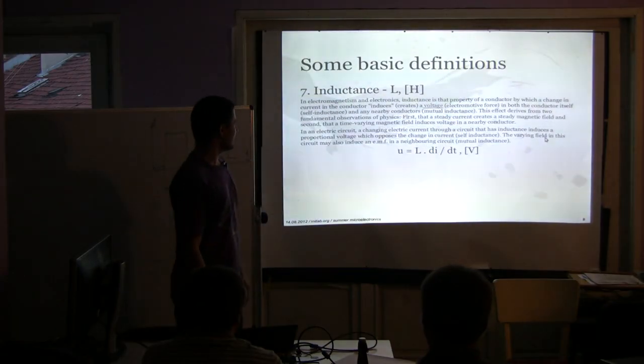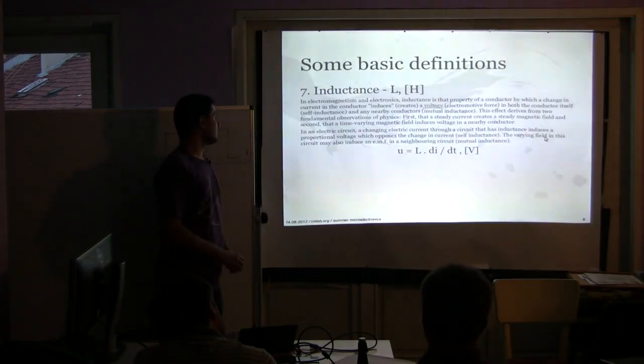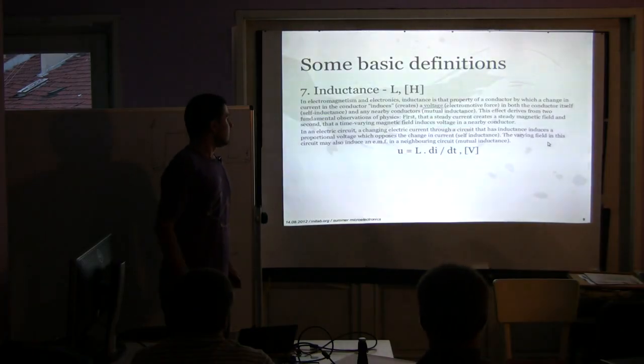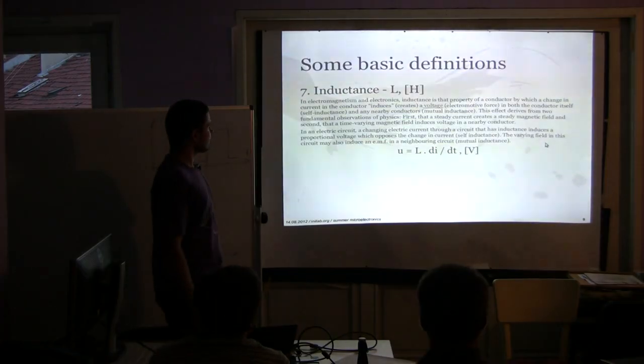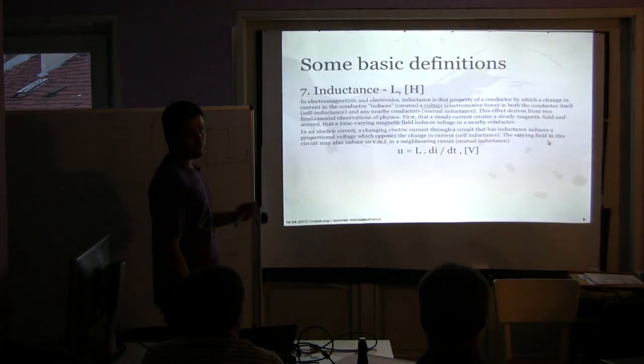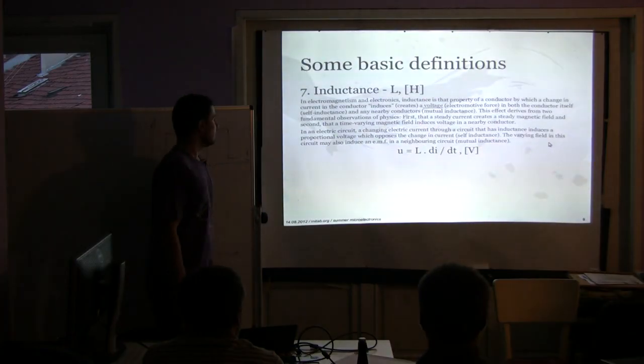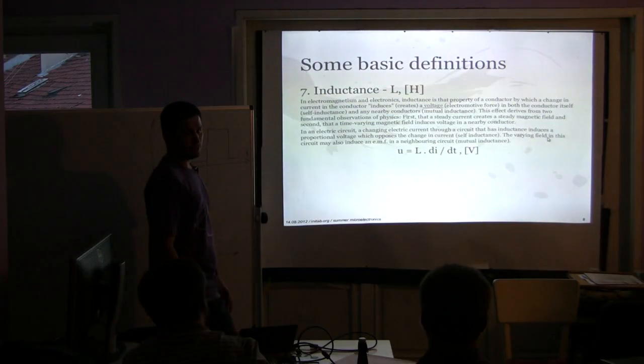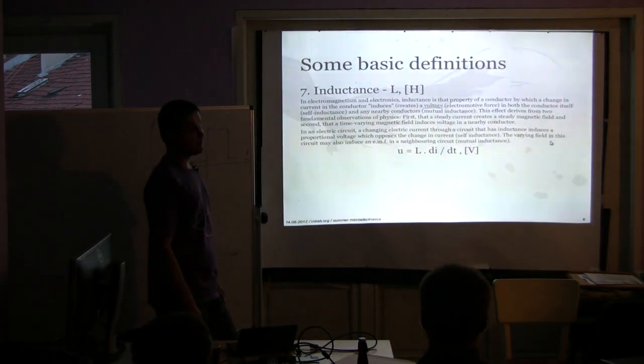So, just the inductance in electromagnetism is that property of a conductor by which a change in current in the conductor creates a voltage. It's actually electromotive force in both the conductor itself, which is called self-inductance, and nearby conductors, which is the mutual inductance. This effect is used in transformers.